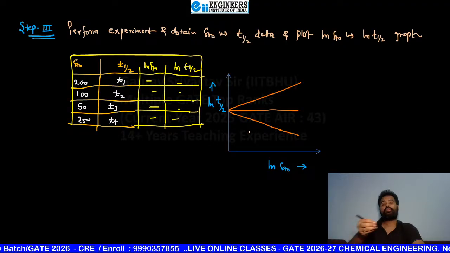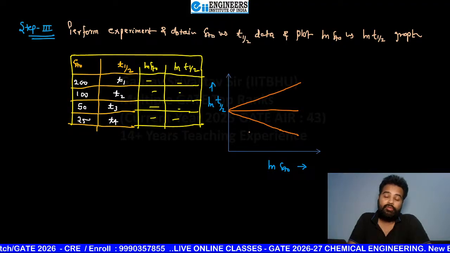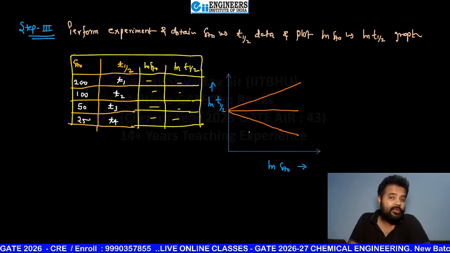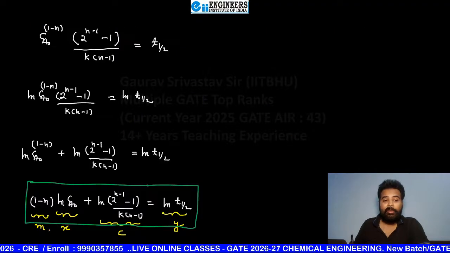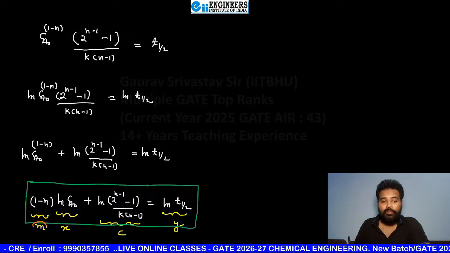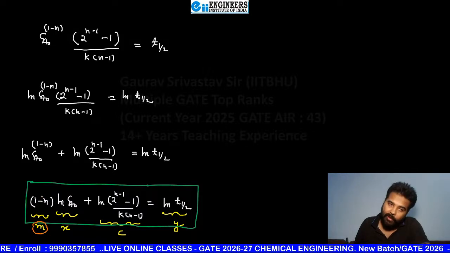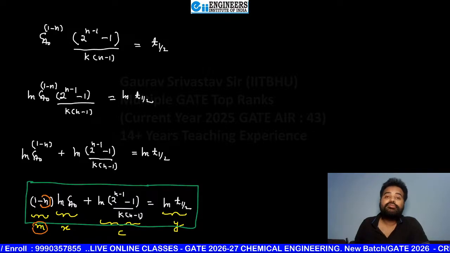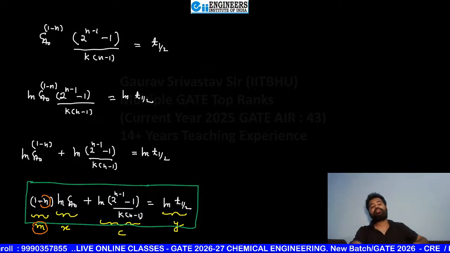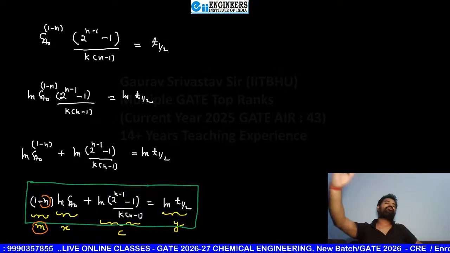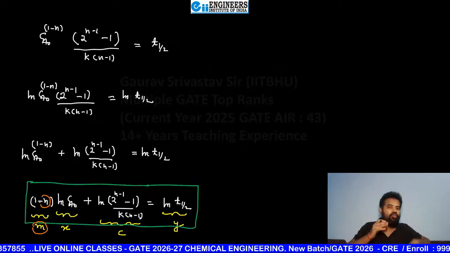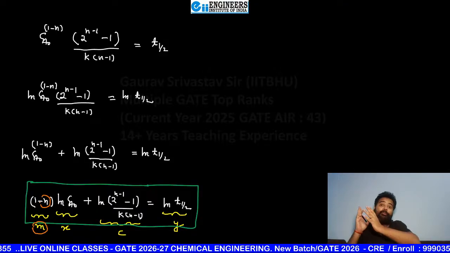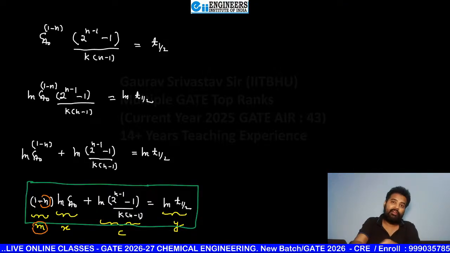Okay, what does it mean here? Sir, why are you getting different graphs? Because it will strongly depend upon the slope, and slope strongly depends upon the order. So clearly you can see, if slope is positive 1, that means the value of 1 minus n is some positive value.